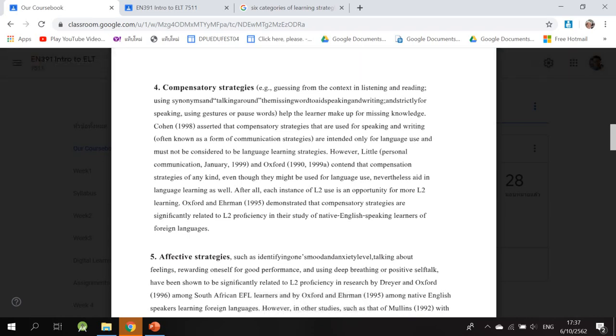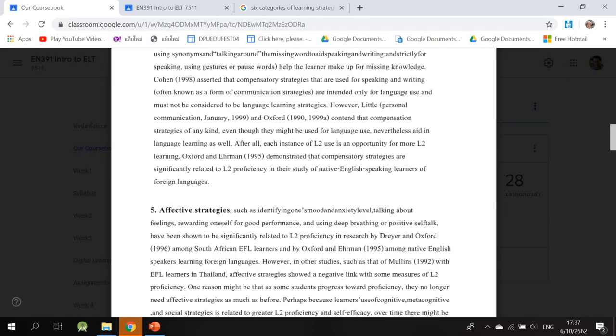Okay, and the fifth one is affective strategy. Talking about your feelings, giving yourself a reward, self-talk. These are among the affective strategies. The word affective means positive attitudes.